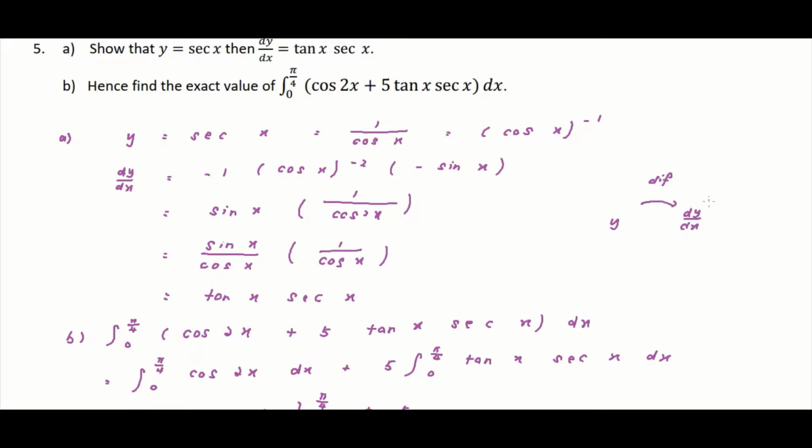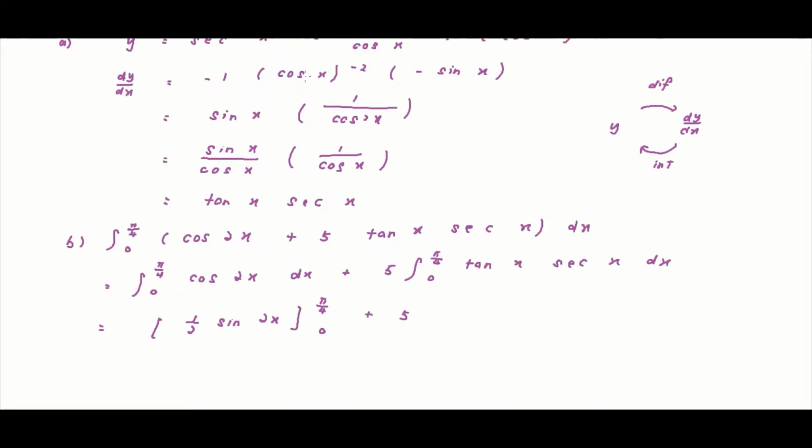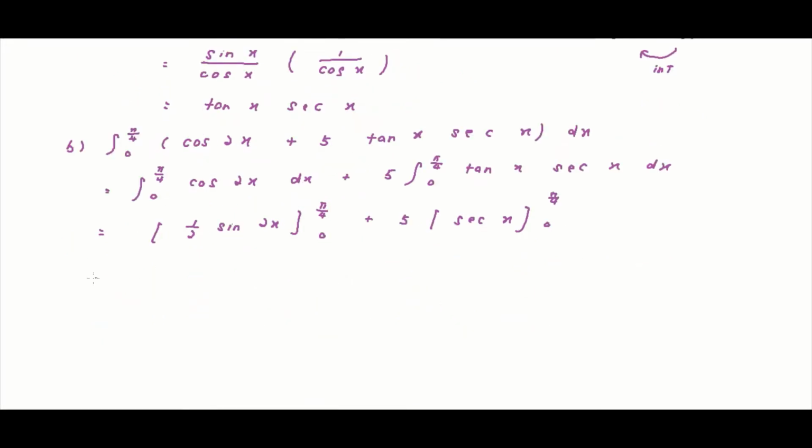So now you are in dy dx, meaning you can see tangent x and secant x, which is exactly what we have as the derivative for A just now. So from here to here is the integration. So when we integrate tangent x secant x, what do we have? Then we get back exactly y, which is secant x. Okay, so secant x, 0 to pi over 4. Okay, so now we can start to substitute.